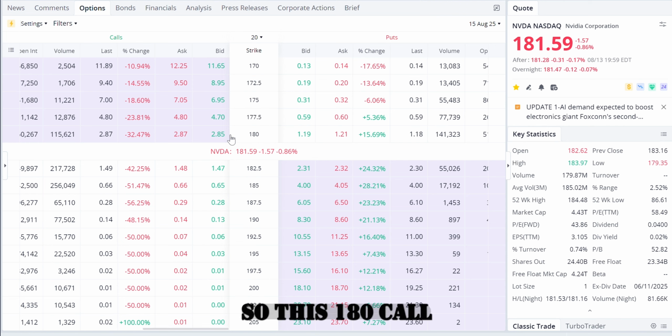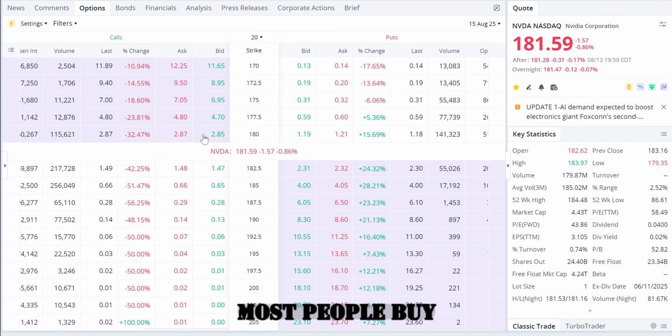So this 180 call contract, if you were to purchase a 180 call contract right now, as you can see, it's in the money because the stock price is at 181. So you're buying the contract at 180, a 180 contract.